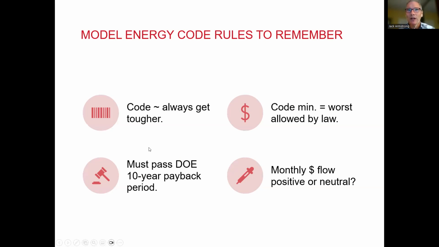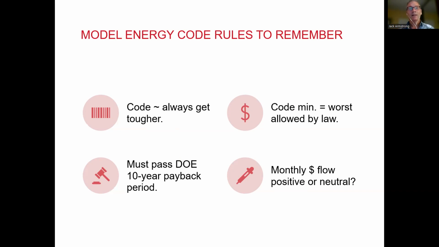Each time the new code cycles do come out, they must pass, before being enacted, a Department of Energy 10-year payback cash flow analysis to make sure that all the items that are in the code actually make sense, and over a cash flow perspective of 10 years would pay for the cost of implementing those particular objectives.